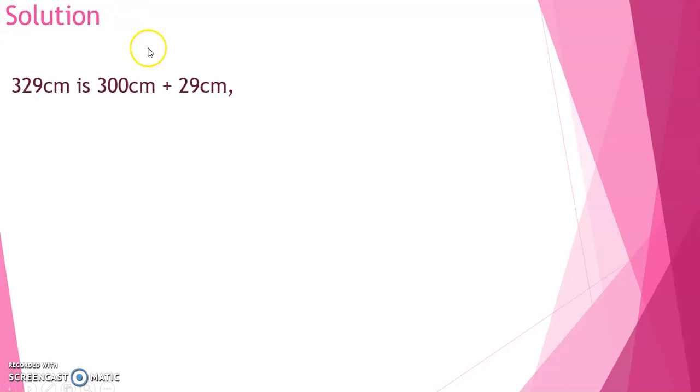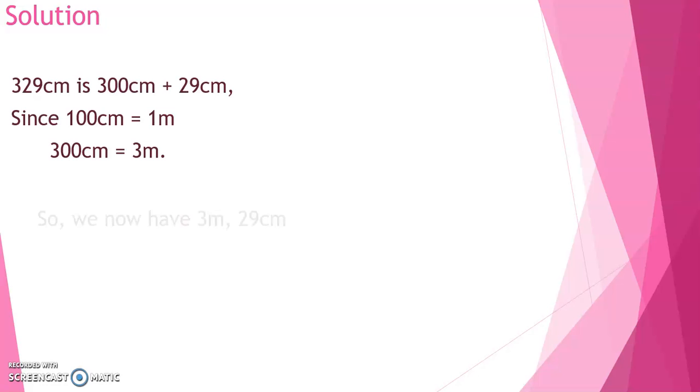If we break it down, we have 300 centimeters and 29 centimeters. Since 100 centimeters is equal to 1 meter, 300 centimeters will be equivalent to 3 meters. So, we now have 3 meters and 29 centimeters.